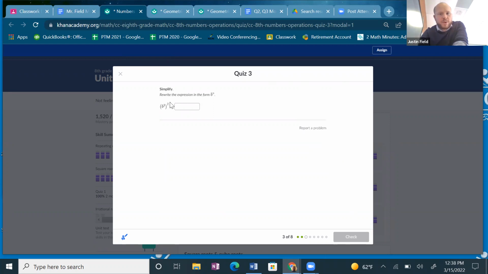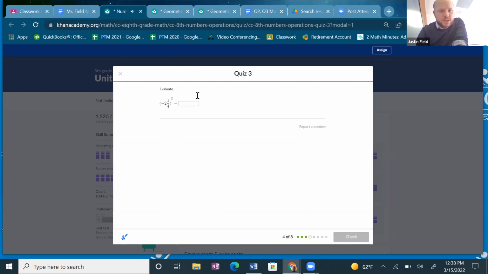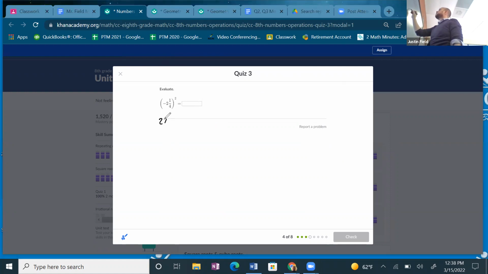All right, now do you remember what to do with these two exponents? This is the power to a power rule. In this one, we multiply them. So that would be b to the 6. All right, this one, we're going to change it to an improper fraction. So 2 times 4 is 8, plus 1 is 9.